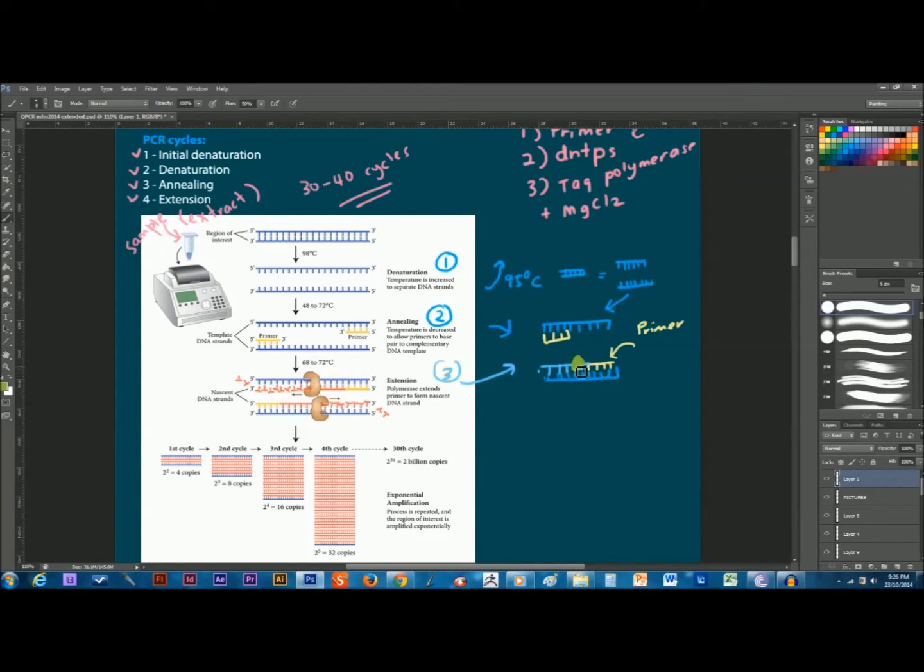This is what happens in one cycle, and this cycle will be repeated up to 30 to 40 cycles. So we will get an abundance of target DNA, so we can easily detect and analyze it. We send it for sequencing and so on, depending on our objective.